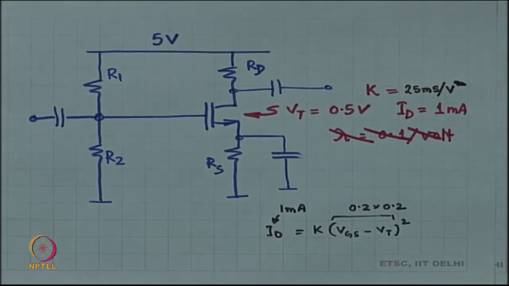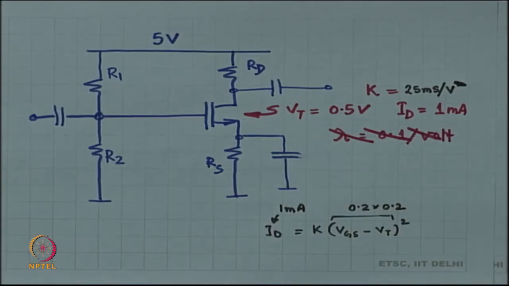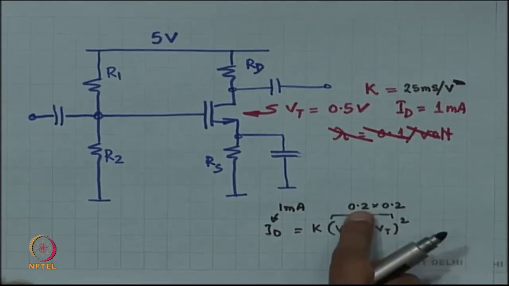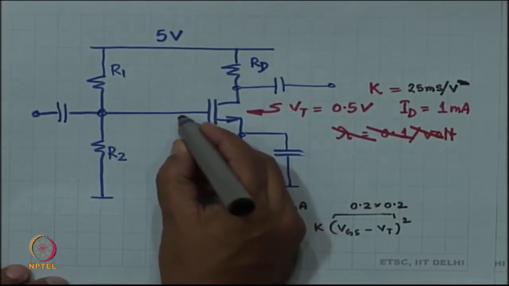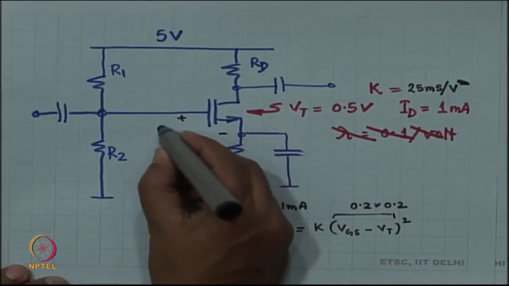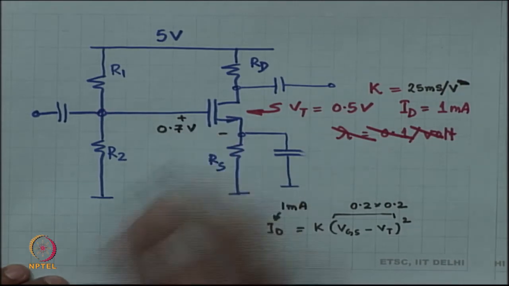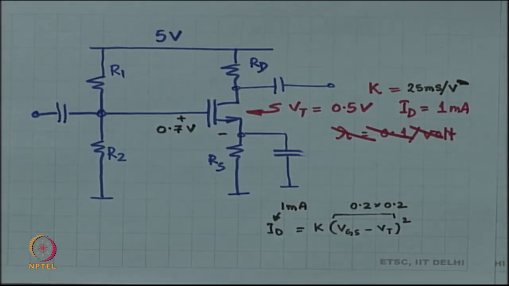Fine. So, suppose this is the MOSFET for you. Now, since we back calculated, I already know what is VGS minus VT. VGS minus VT is going to be 0.2 volts, which means that I need 0.7 volts over here. Okay. And I know ID is 1 milliampere.